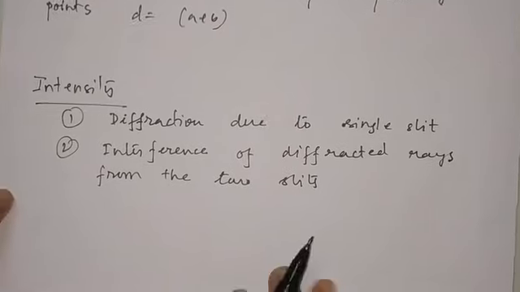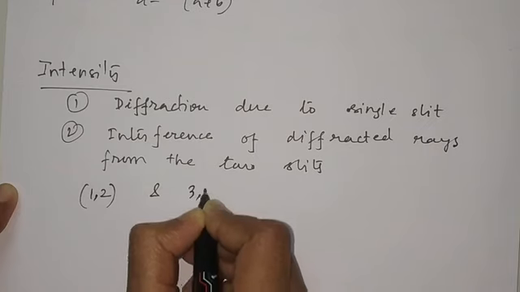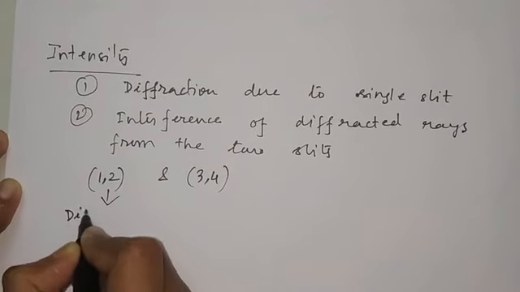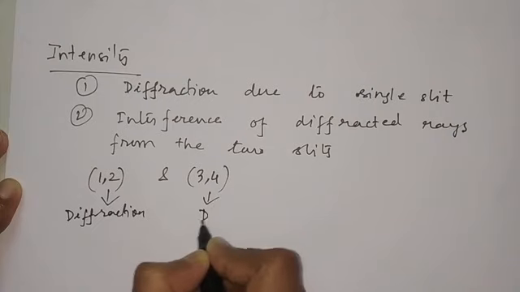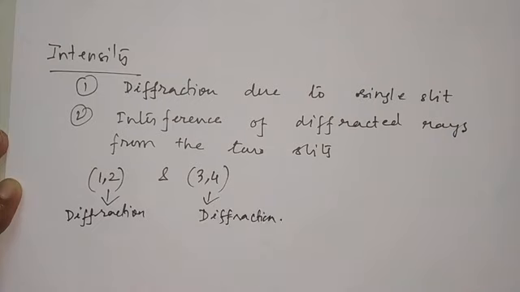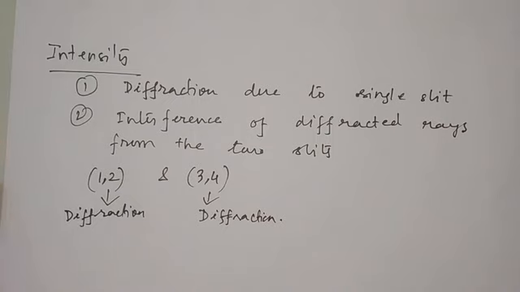So we can say that between the rays 1, 2 and 3, 4, 1, 2 will give us the diffraction pattern. Similarly, 3, 4 will also give us the diffraction pattern when they interact, because they are the rays coming from the same slit.